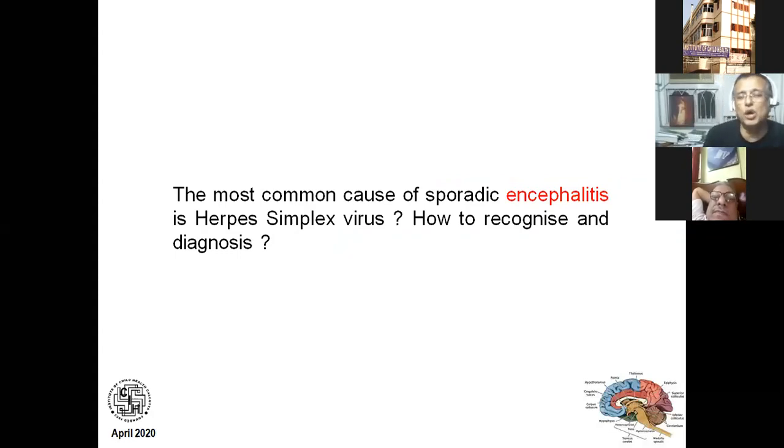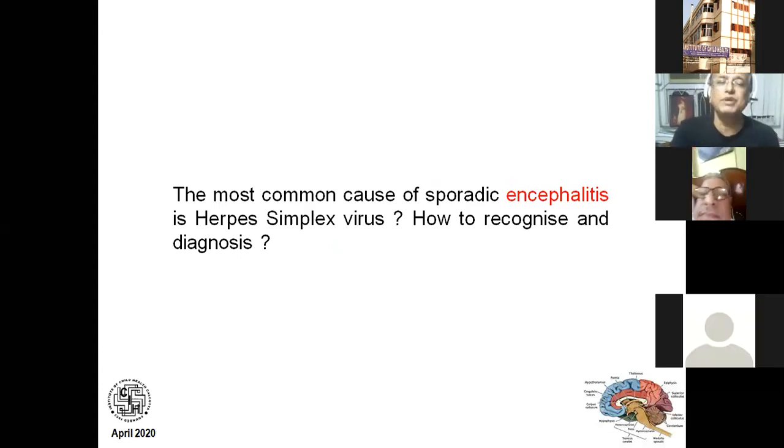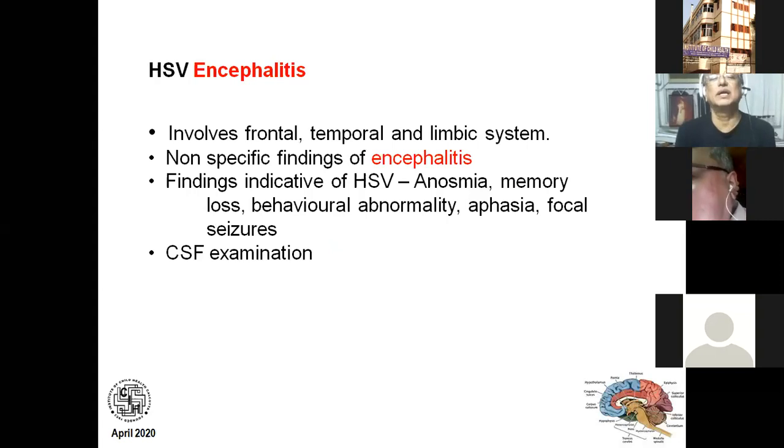The most common cause of sporadic encephalitis is herpes simplex. How do we diagnose and recognize herpes simplex? Every devil has his own den, and we know the herpes simplex virus involves the frontal, temporal, and limbic system, and accordingly the signs and symptoms develop.